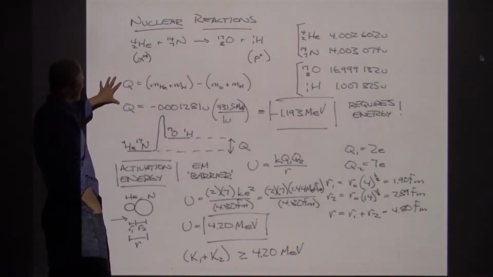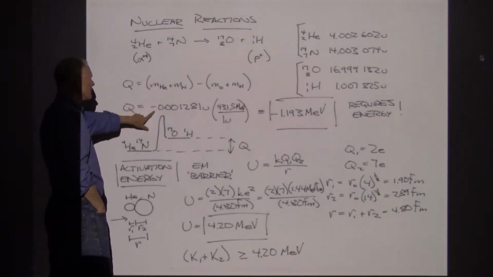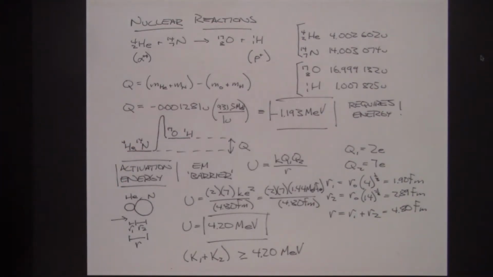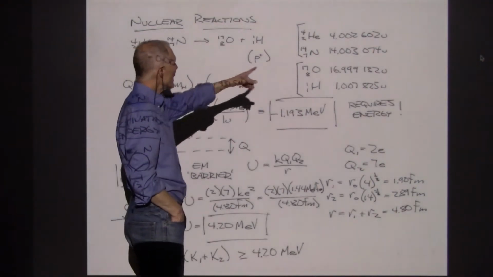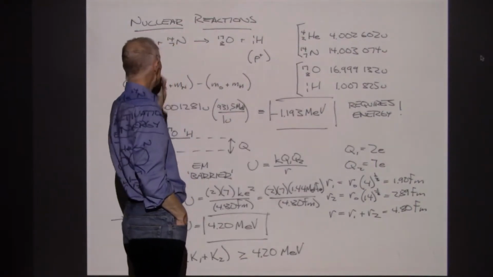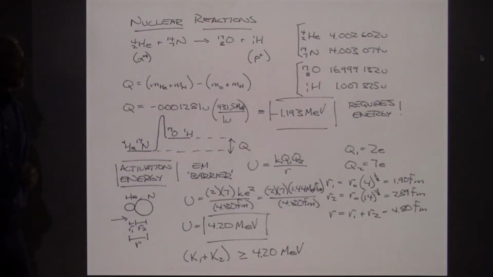Okay, so doing this problem, I'm getting a negative value for Q. I haven't seen a negative value for Q. What does that mean? What it means is that the mass of what we're ending up with is more than the mass that we started with. Somehow, we're creating something that has more mass than the reactants that we started out with.